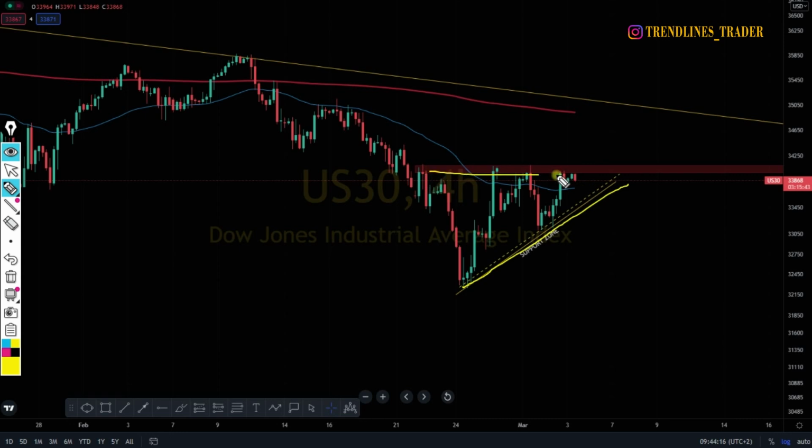This is an ascending wedge, same as the US100 ascending wedge. We might break this resistance, horizontal resistance, to push towards the upside, or respect it a couple of times and push towards the downside.